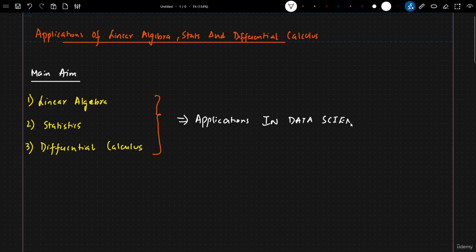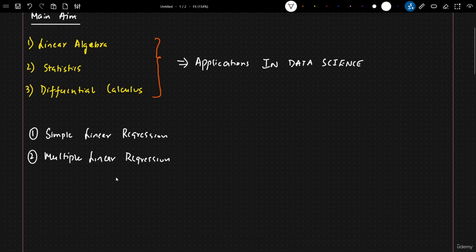But now in this upcoming series of videos in this section, we are going to focus on understanding a theoretical intuition about how machine learning models are basically trained. We will be covering some important machine learning algorithms like simple linear regression and multiple linear regression, which are some of the very amazing machine learning algorithms.